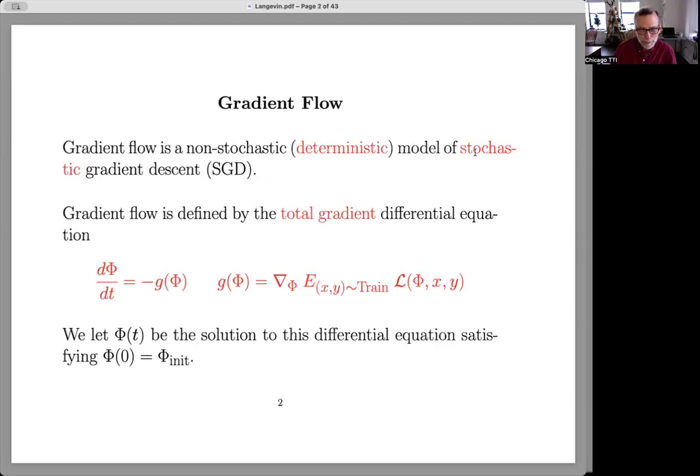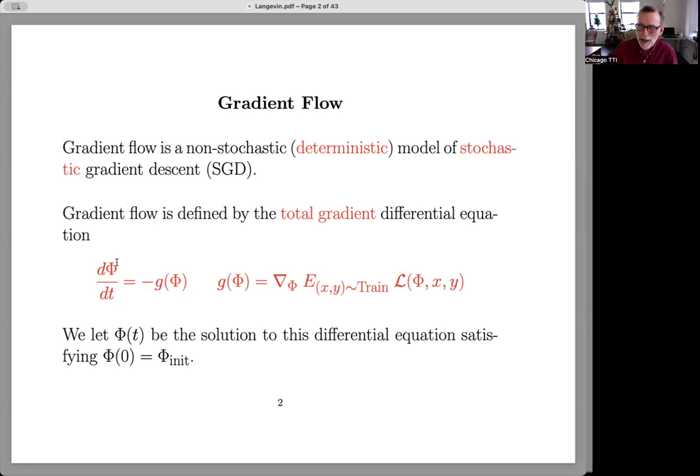Gradient flow. So gradient flow is a deterministic differential equation. And I've written it down here in red. Phi here is the model parameters. So these are the parameters of some model. And I'm going to define a time derivative of the model parameters.